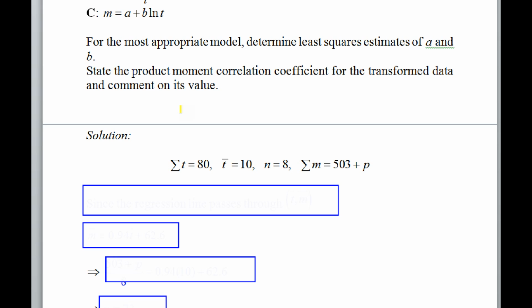Therefore T bar, the mean of T, is 80 divided by 8, because the number of data points is 8. Summation M, because you don't know P, you know 500 plus P, so no big deal. This one is 503 plus P.